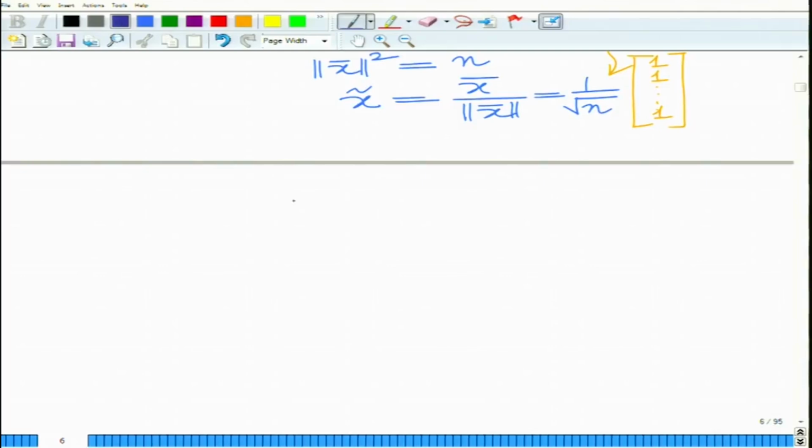Once again, a brief review of various concepts in linear algebra and matrices.